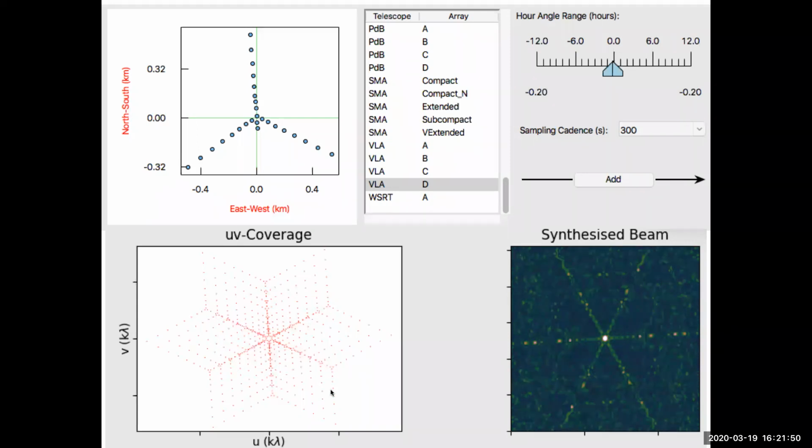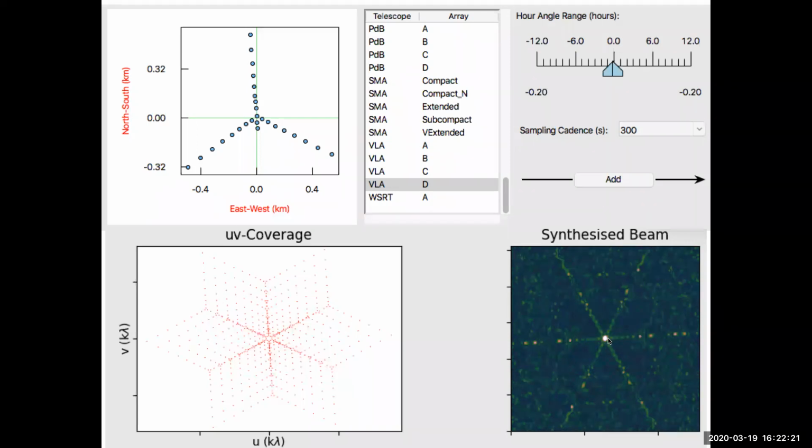And so the nice thing about this is, in an instant, so this is an instantaneous snapshot with no integration over time from rotation, you get coverage over a very broad part of the UV plane. And so the VLA is able to basically do snapshot imaging, where you only measure for a few minutes and you can produce an image. And then you get a synthesized beam that's kind of gross, like this.